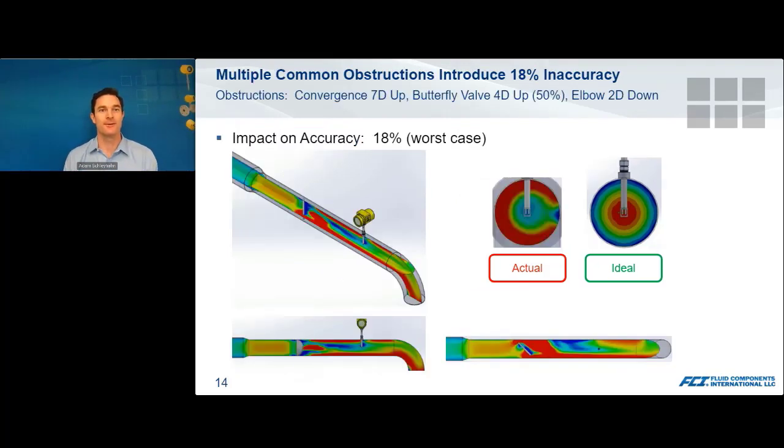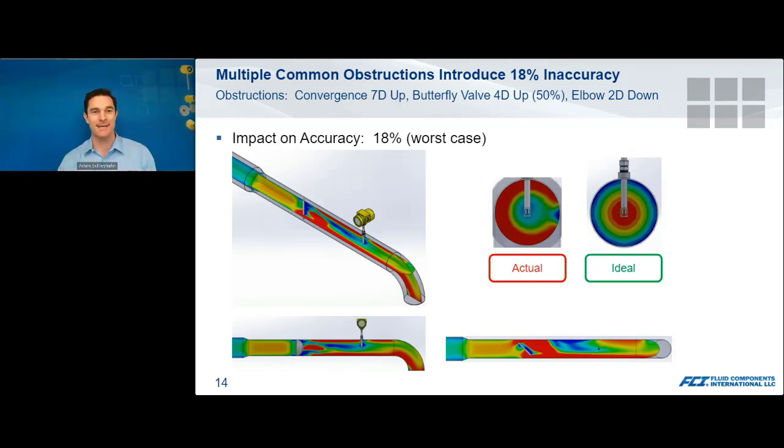So here's another common scenario. Usually it's not just one elbow or one valve. Usually it's a multitude of different obstructions that we see when we go on site. In this case, there's a convergence 7 diameters upstream, a butterfly valve, again, half open 4 diameters upstream, and an elbow in plane 2 diameters downstream.